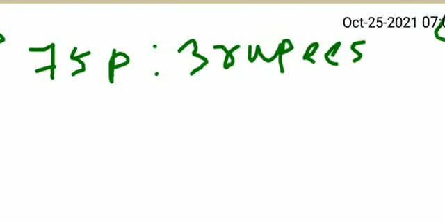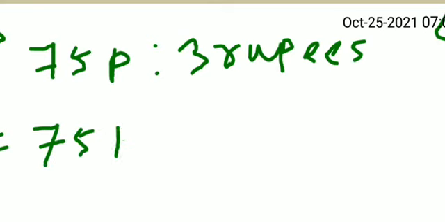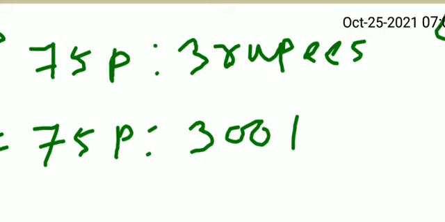First we should convert both quantities into the same unit. So 75 paise remains unchanged, and 3 rupees is converted into paise. As we know, when we convert rupees to paise we multiply by 100. So 3 into 100 is 300 paise.